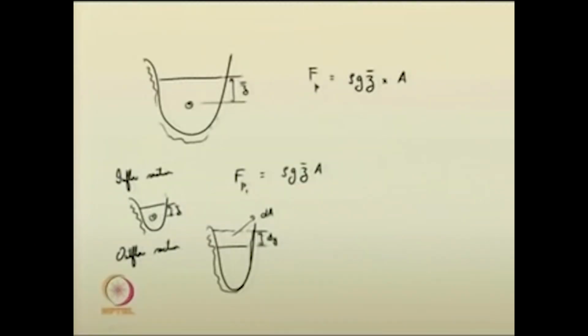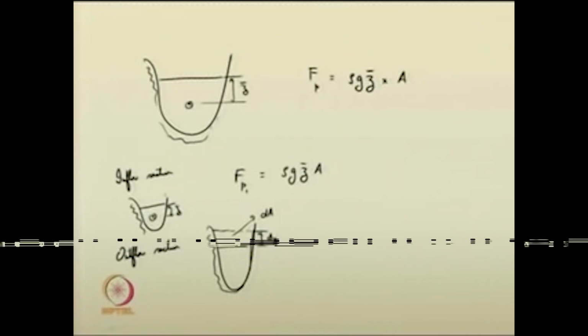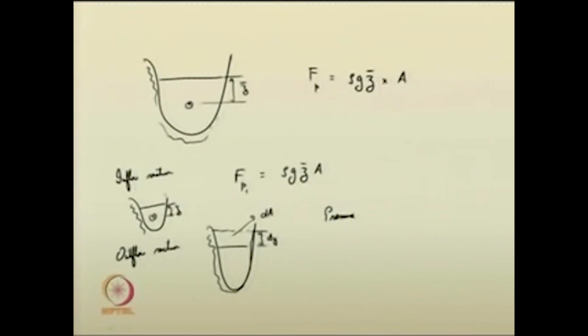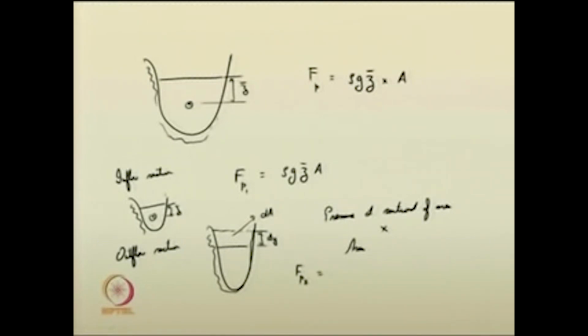As we have recalled earlier, here also the pressure at the centroid of the area into the area will give you the pressure force. So, F_P2 I am computing in the following form.